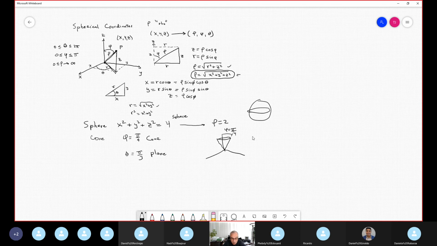Suppose that my solid is formed by cylinder, plane, paraboloid. It's most convenient working with cylindrical coordinates. Suppose that my solid is formed by a sphere, cone, plane. Then it's most convenient using spherical coordinates.